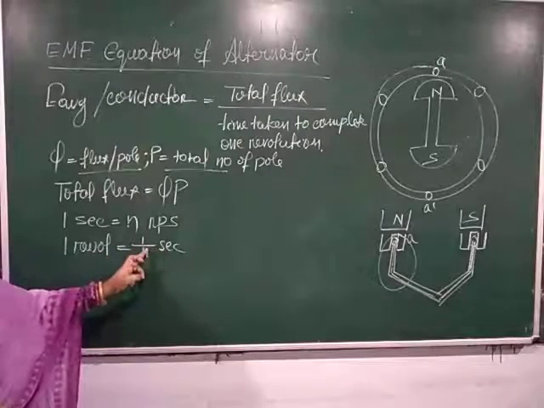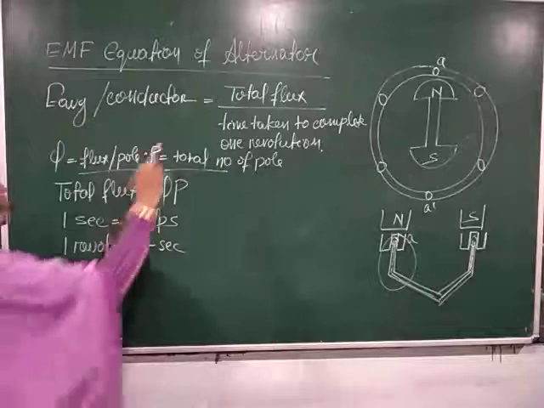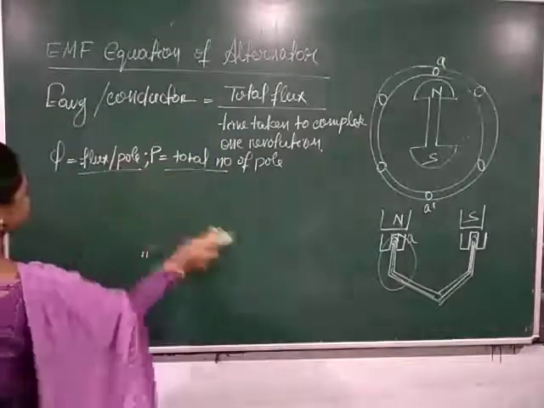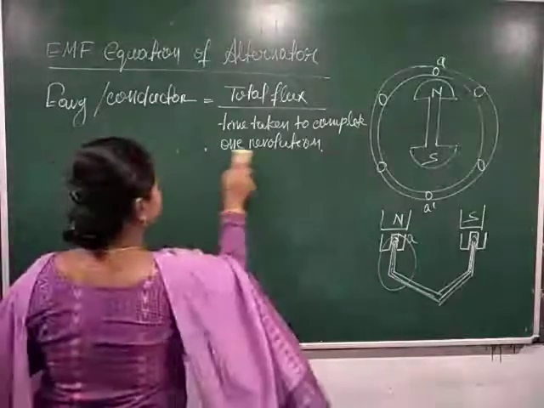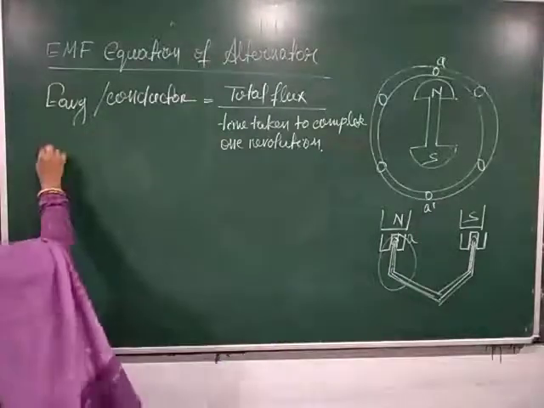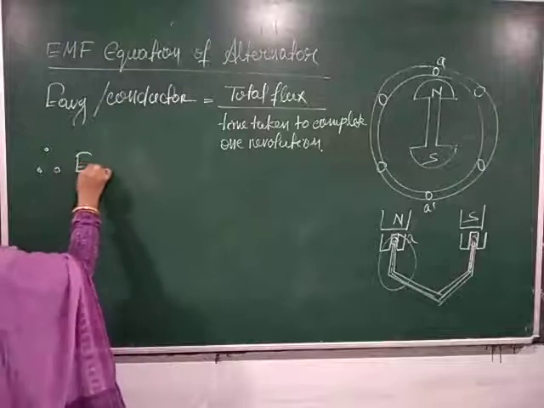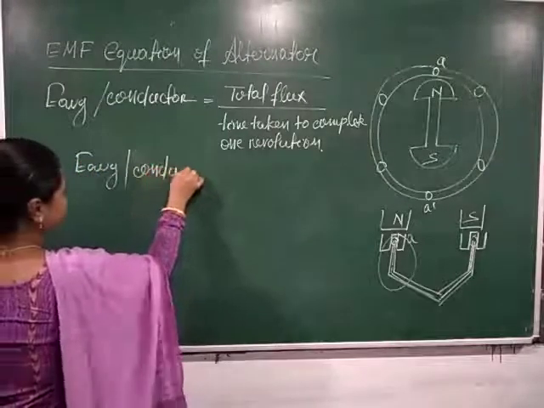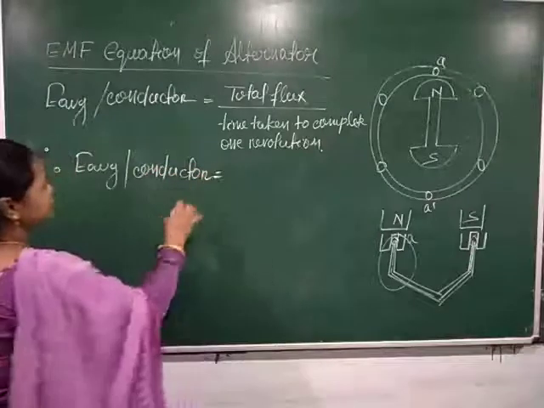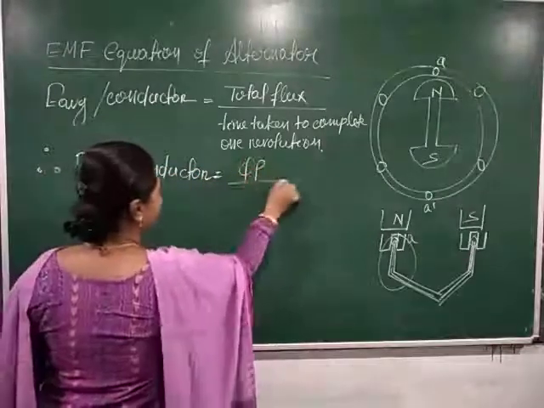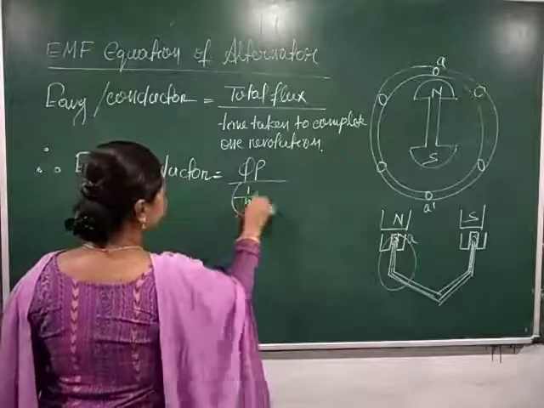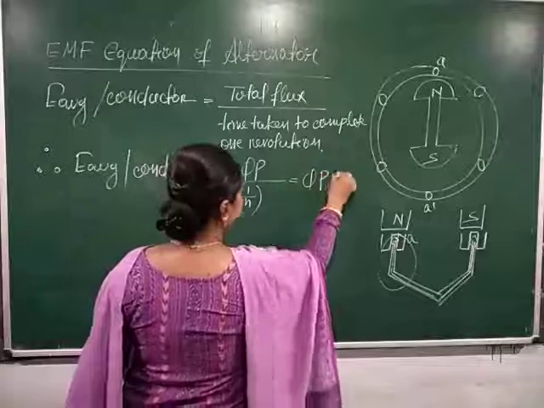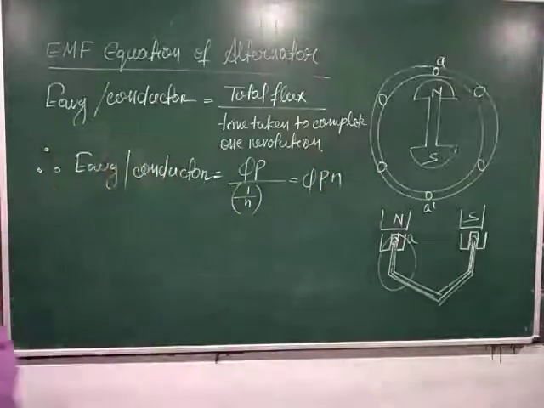Now I put these two formulas in this equation. Therefore the average EMF per conductor is the total flux divided by 1 by n, that is Phi P n.